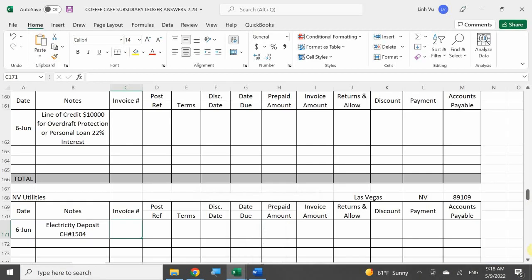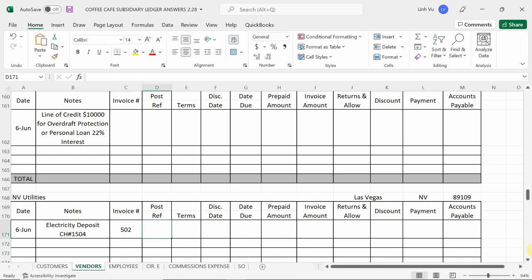It was billing number 502. Post reference, still on the first page. Now, usually utilities will never give you a discount, so you can skip this section here. And the invoice said that you owed $100, and you paid that $100.